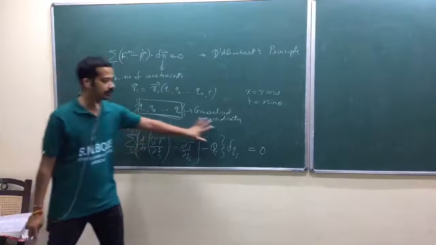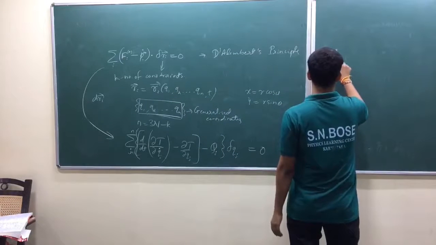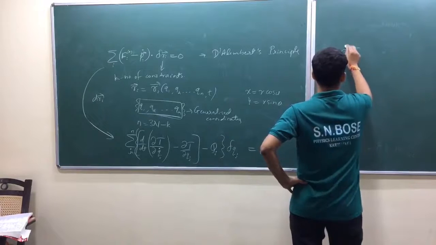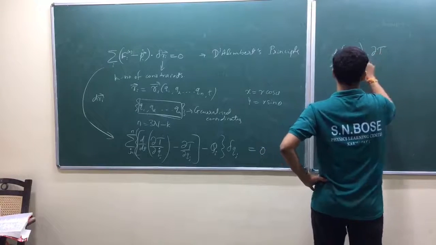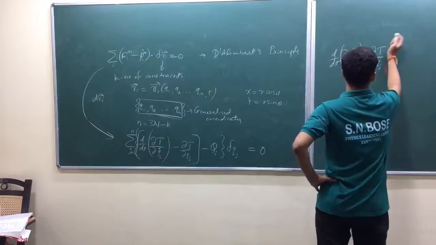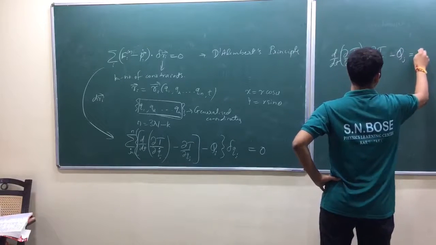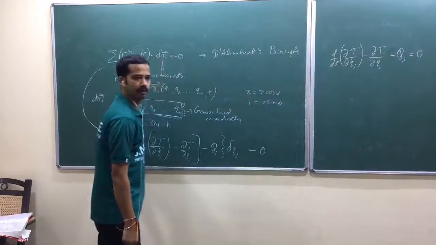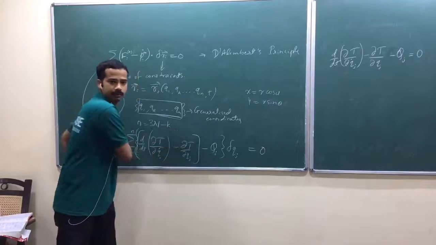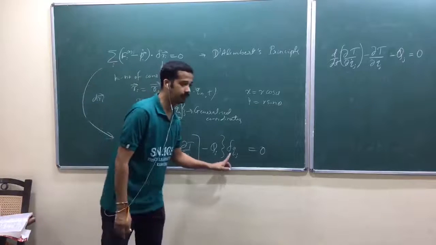Once we do that, then only we can put this part equal to 0, and that is our d by dt of dou T by dou qj dot minus dou T by dou qj, minus capital Qj, let me define what this one is, is equal to 0. Is that okay? So now look at here, there are n number of this kind of part in this summation, and each of them is individually 0. And you can put that one 0 only when these are independent.